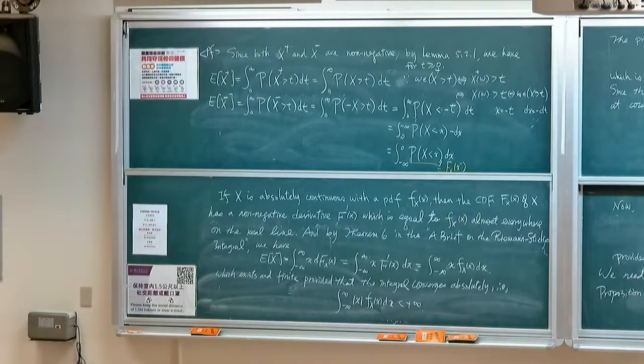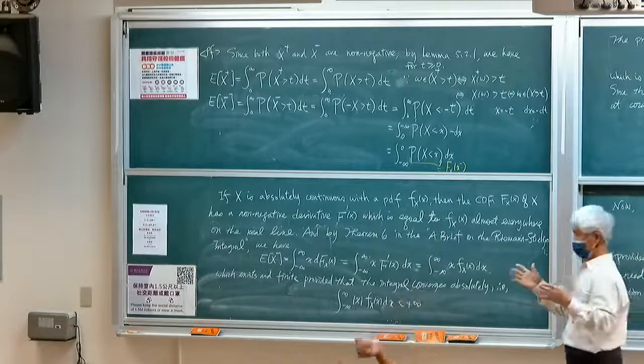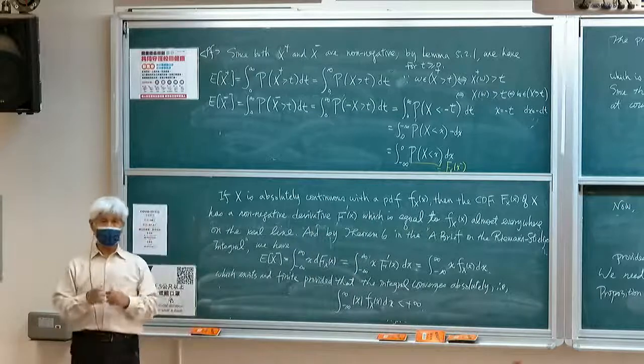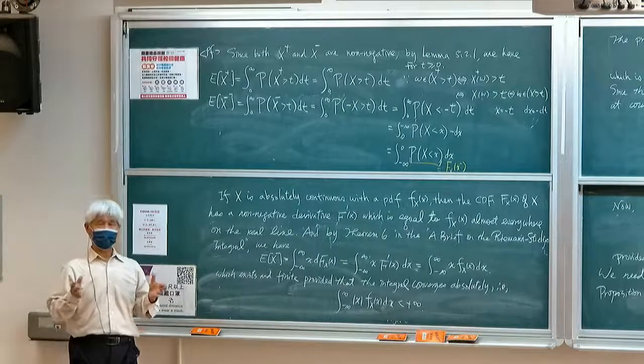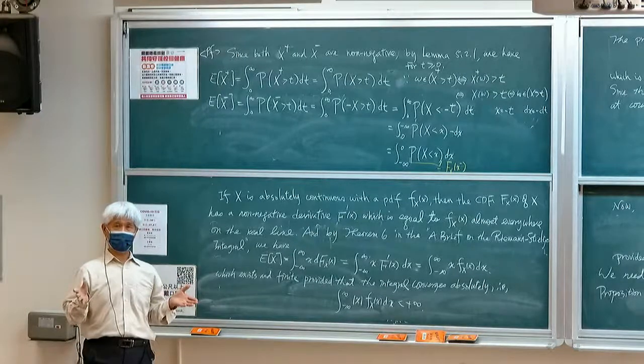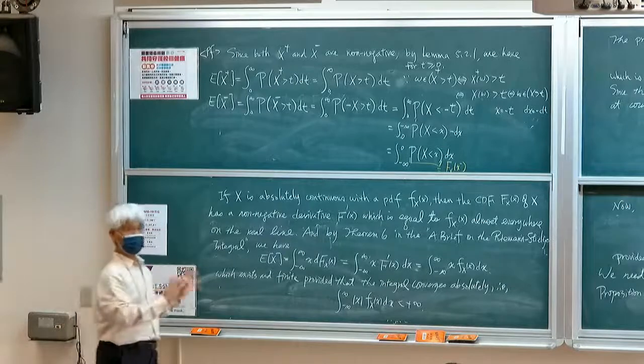So I started with a general setting to give you the idea of how to define the expectation of a generic random variable, and then come up with the traditional one.